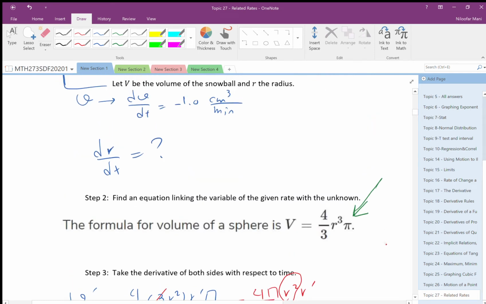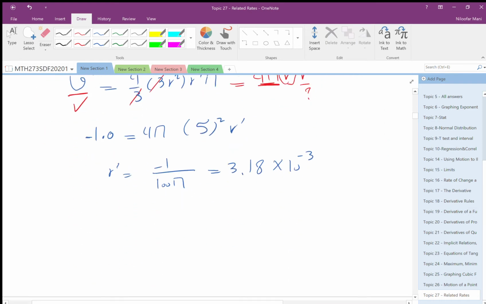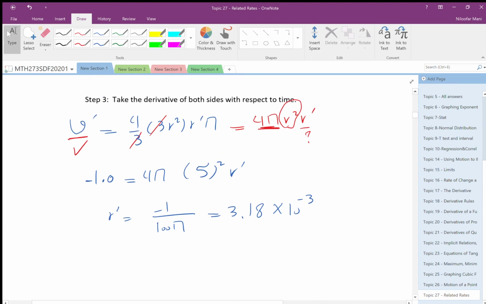And look at this, even here I see 2 significant digits. This is 4, just a constant number. Pi has many significant digits, so I don't consider it. And this is 2 significant digits as well, because it's 5.0. Let me make it more clear.